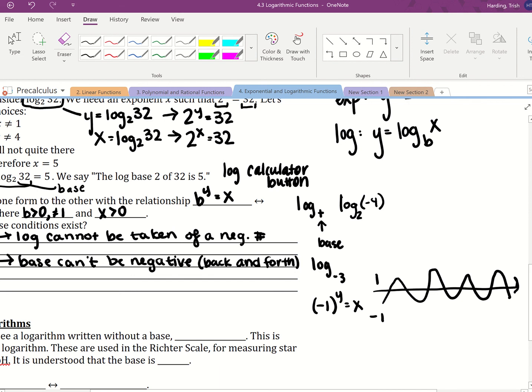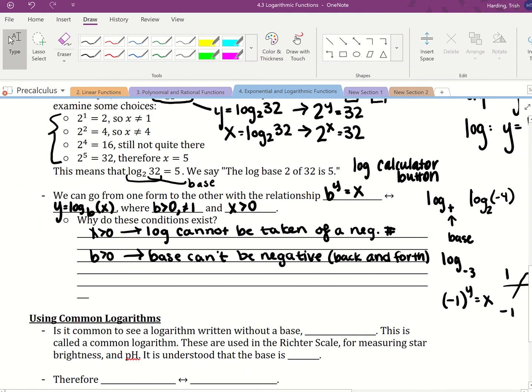So all of the rules of logarithms would start breaking down here. So our b cannot equal 1. That's because 1 to the y equals x is just 1. So it's a constant function, f of x equals 1, and that would absolutely fail the horizontal line test because it is a horizontal line.